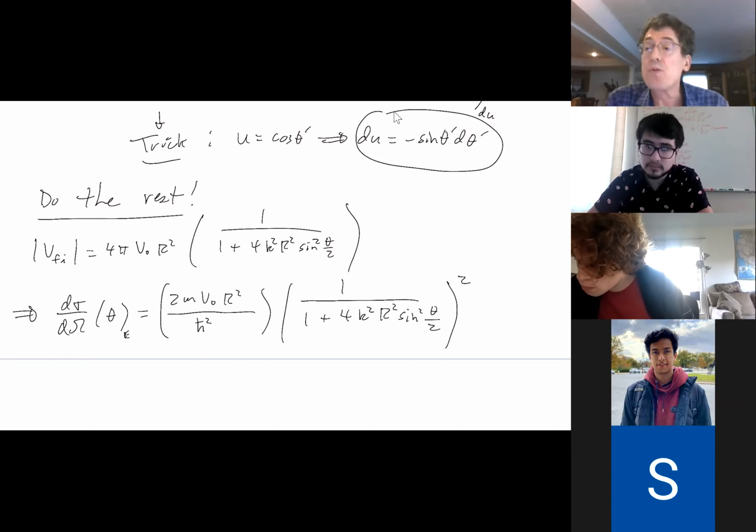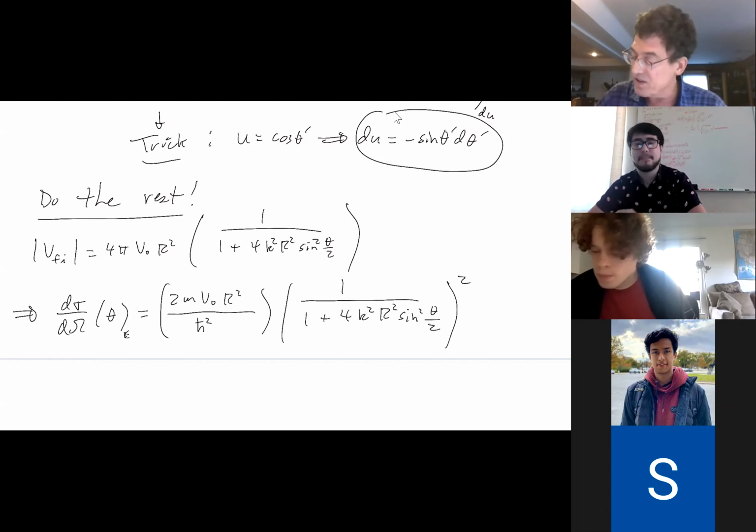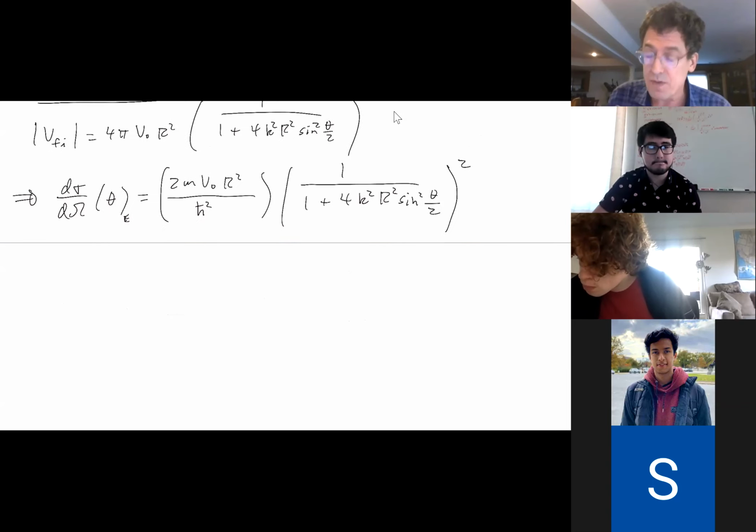Okay, so that's what we get when we do the math. That's the differential cross-section of the Yukawa potential.